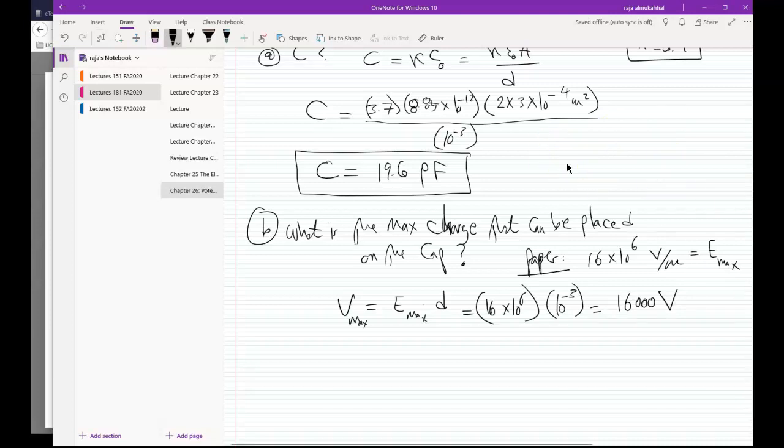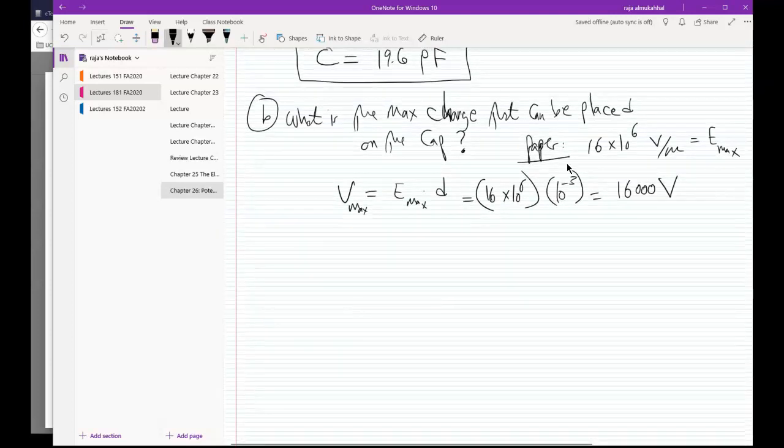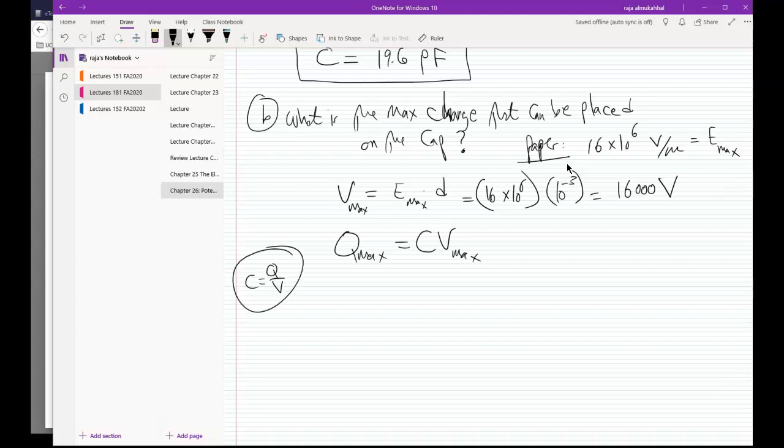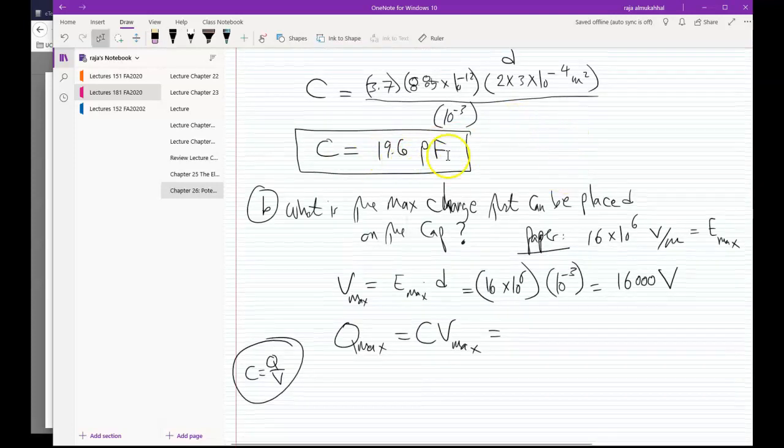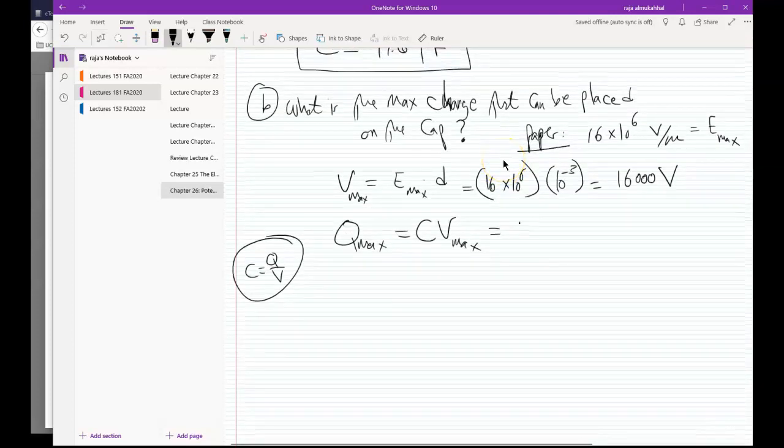So what is the maximum charge? The maximum charge is just C Vmax. Remember, the capacitance is Q over V, the definition of it, so Q equals CV. The capacitance I just calculated is 19.6 picofarad, pico is 10 to the negative 12, times 16,000 volt.